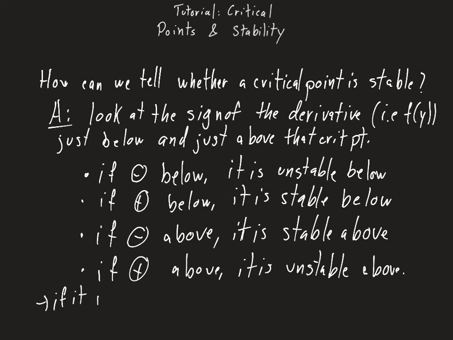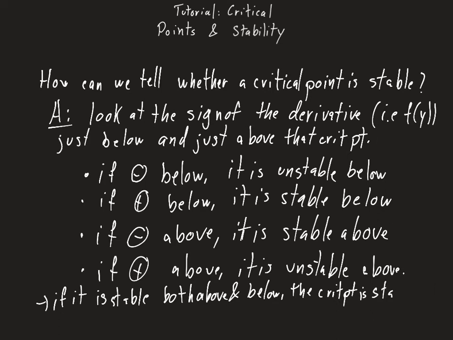If it is stable both above and below, the critical point is stable. If it is unstable in both, then it is unstable.